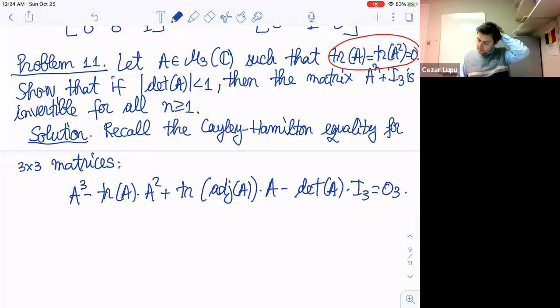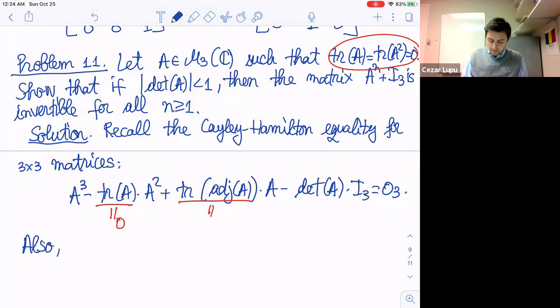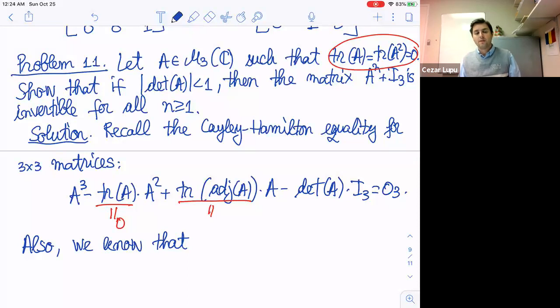Now, we would like to obtain some information about these two guys, this and this. We already know what happens to the trace of A. This is 0. But maybe I can say something about the trace of the adjugate. I said this numerous times in the lecture 8.1, I think, that the trace of the adjugate can be expressed in terms of the trace of A and trace of A squared.